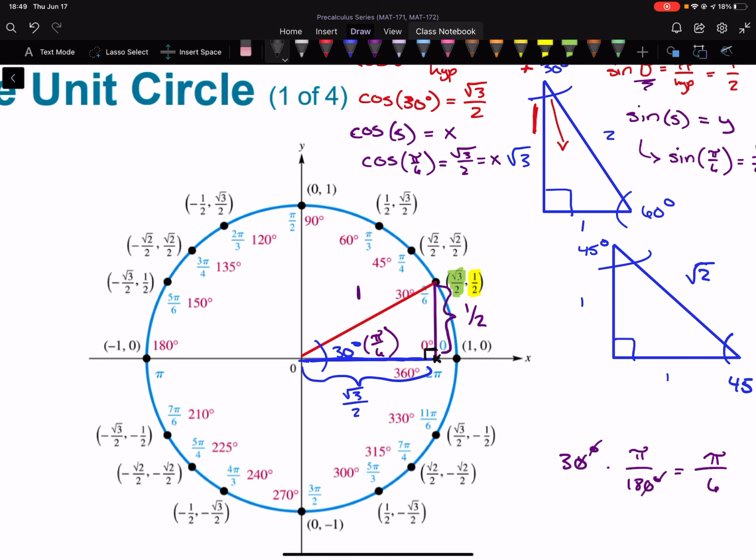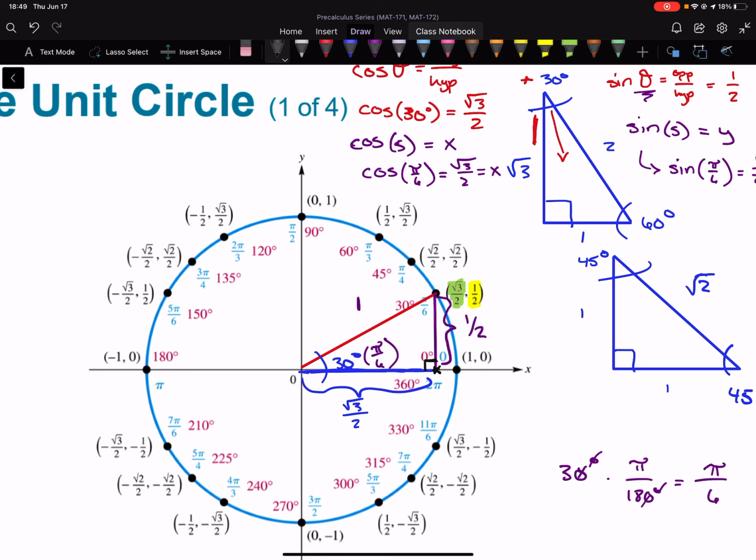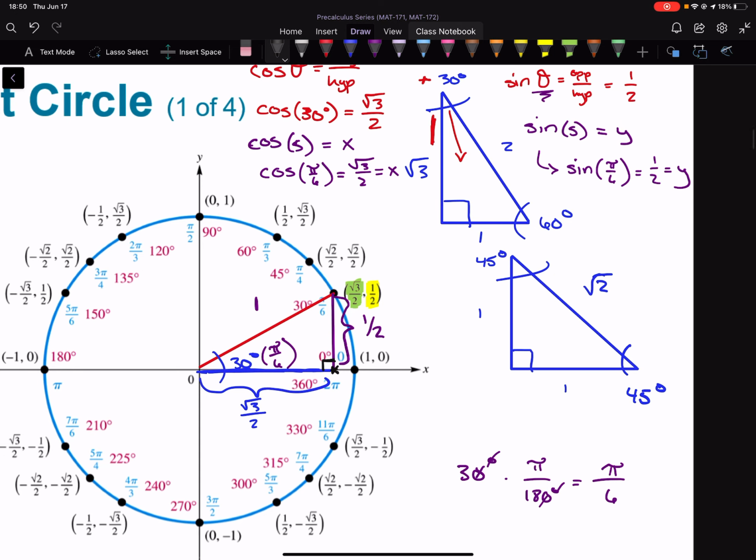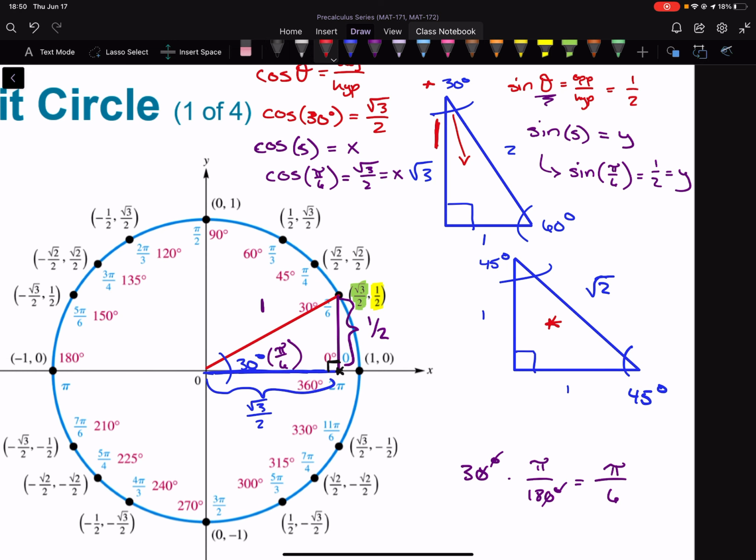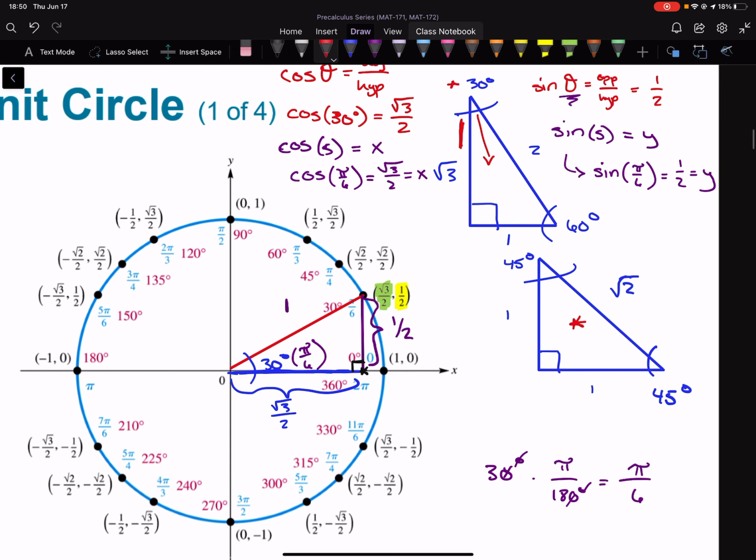And this works all the way around the unit circle. So we could do the same thing at 45. You're going to have more of this 45, 45, 90 triangle happening there. And then the same thing would apply to 60 degrees. We would just reference the 60-degree vantage point there in our 30, 60, 90 triangle.